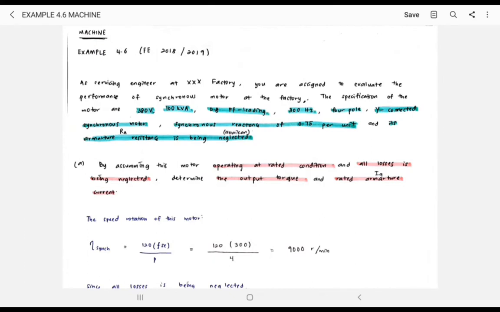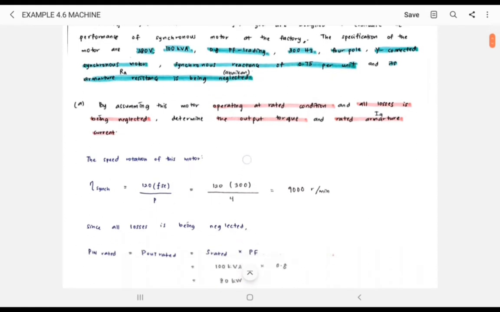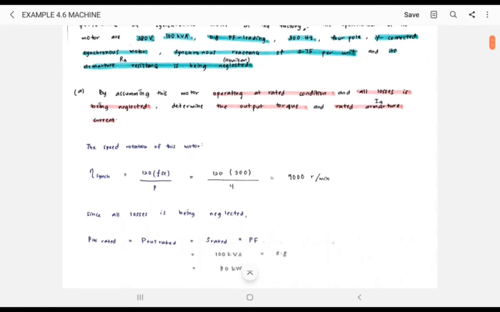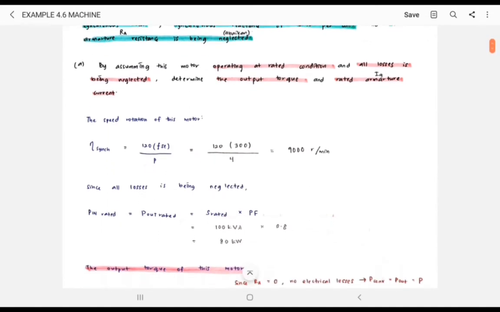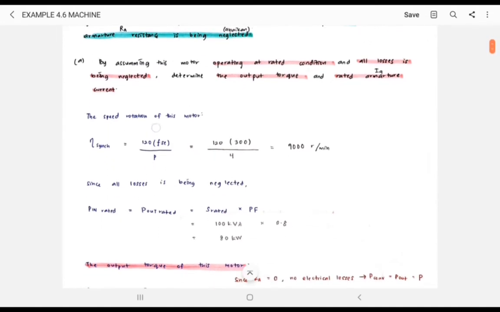For the first question, assuming this motor is operating at rated condition and all losses are neglected, determine the output torque and rated armature current, IA. First, we are going to find the rotation speed of this motor.